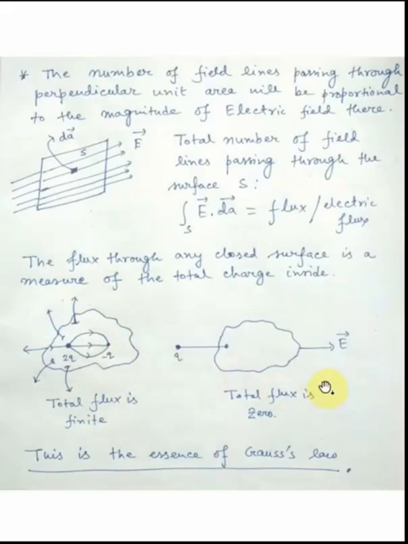On the other hand, in this picture, a charge outside the surface will contribute nothing to the total flux, since its field lines pass in one side and out the other side. Now, this is the essence of Gauss's law, and in the next class, we will quantify Gauss's law, how to use it to find the electric field, what is the importance of Gauss's law, and what is the drawback of Gauss's law.